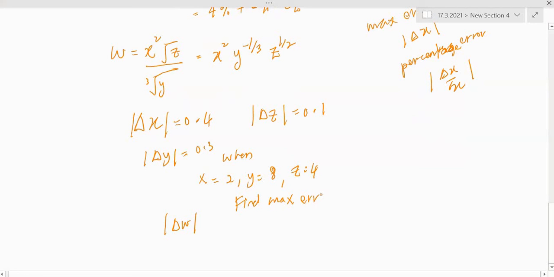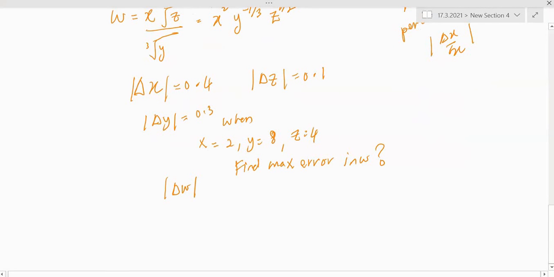Find maximum error in W. So this is the question. Find the maximum error in W. So delta W will be Fx delta X, Fy delta Y, Fz delta Z.